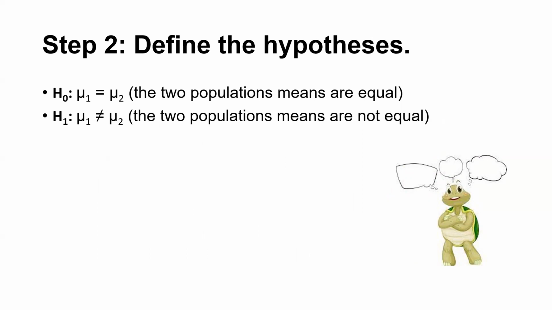I would say our null hypothesis assumes that these two populations' means, the averages of their weights, are equal. And then the alternative hypothesis assumes that they are not equal, as simple as that. One says equal, the other says not equal. I also can show the null hypothesis with H subscript n or H subscript 0. And then the alternative could be H subscript a or H subscript 1.